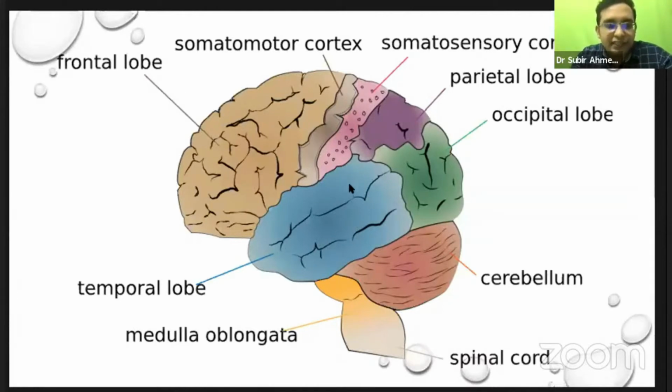Later, the insult increases and affects the frontal lobe. But in frontotemporal dementia, it initially starts in the frontal lobe, then affects the temporal lobe. And in the posterior cortical atrophy variant of Alzheimer's disease, the initial insult starts in the occipital lobe, and later extends into the frontal lobe.